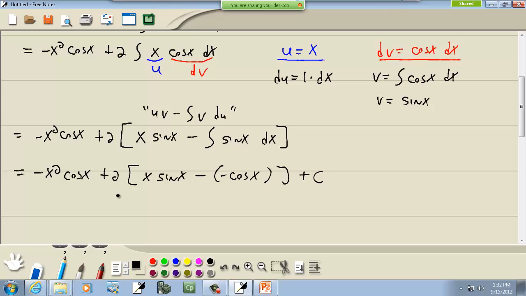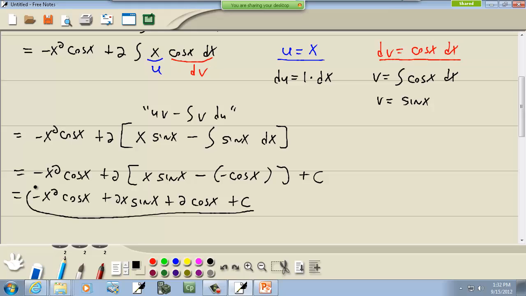And I'm going to put my plus c in now. So I've got negative x squared cosine x, and I'll multiply the 2 through. So 2 times x gives us 2x sine x. And here a negative negative becomes positive. So we've got a positive 2 cosine x plus c. And that would be your answer.